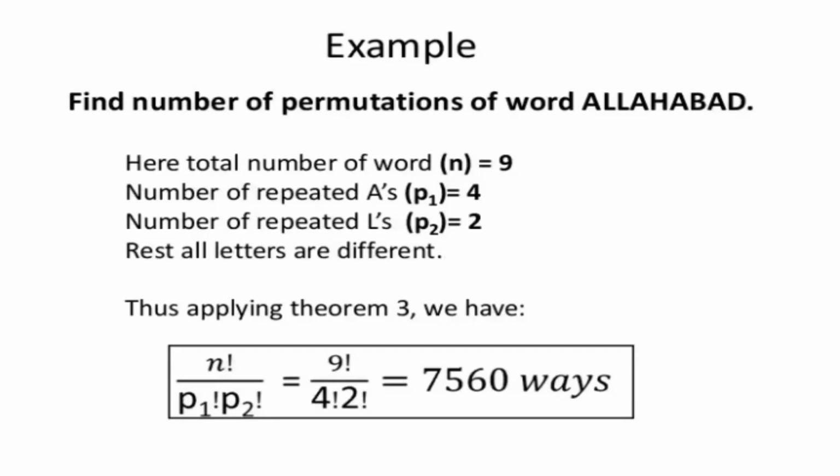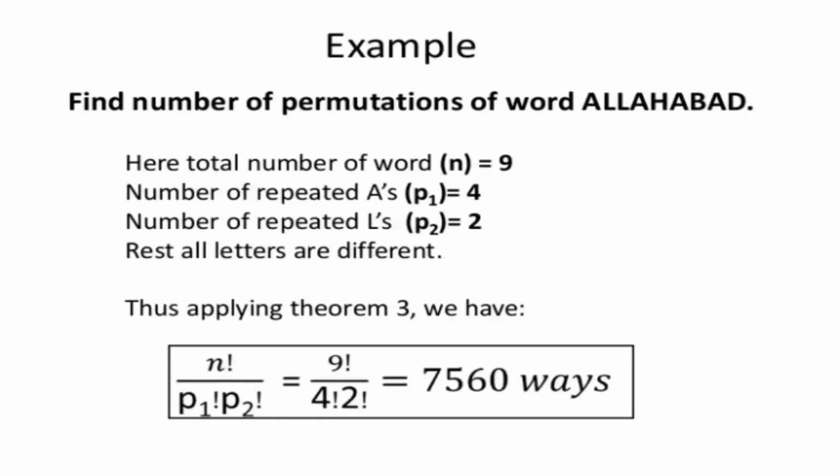And everything else is distinct. So you have 9 letters in all. A repeats itself 4 times and L repeats itself 2 times, and all the other letters are distinct, right? Or they're different. So you want to know how many ways you can arrange this word Allahabad, right?